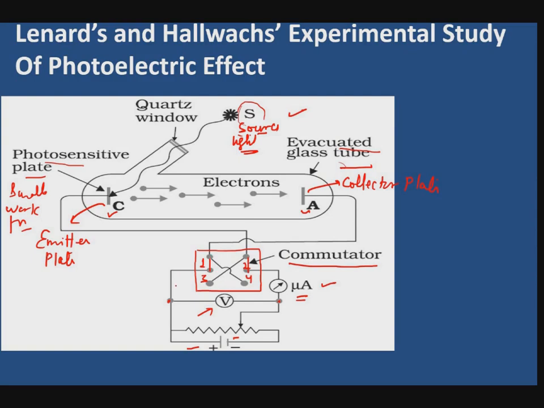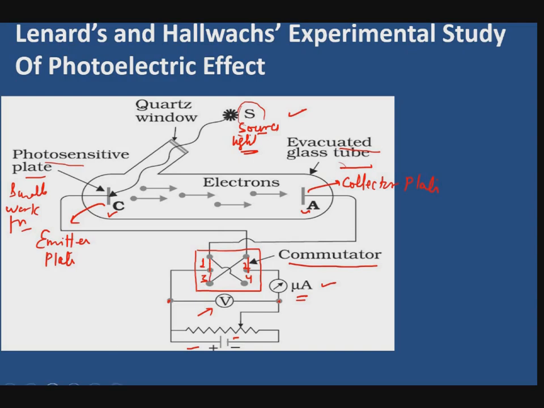This end will be connected to the positive terminal and the other end is connected to this A. So A will be positive, and you can see when I connect 2, then this terminal will be negative. So if I close 1 and 2, the anode plate will be positive and the cathode plate will be at negative potential. However, instead of that, if I close 3 and 4, what is happening?